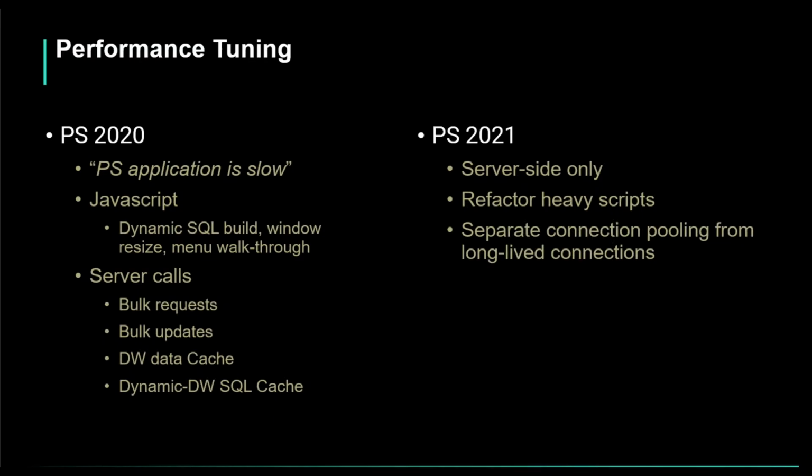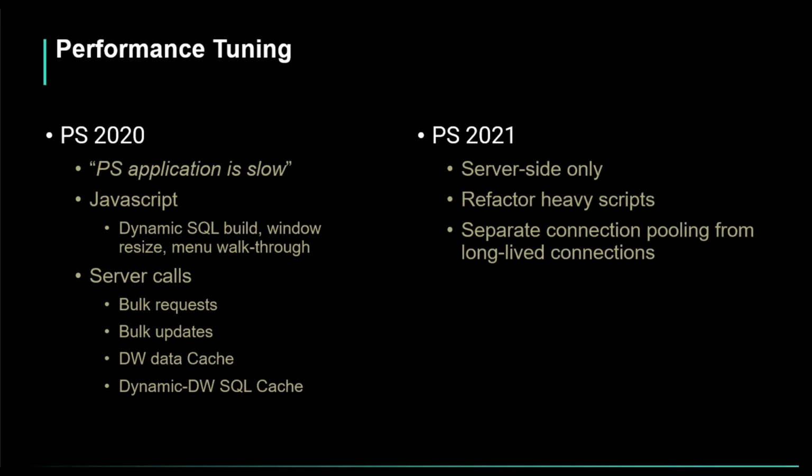In a previous slide related to database connection, I introduced the fact that PowerServer 2021 can support long-lived connections. Just be aware they will not rely on connection pooling, so they may affect the performance of the application, as it always has to establish a new connection when the user starts the application.